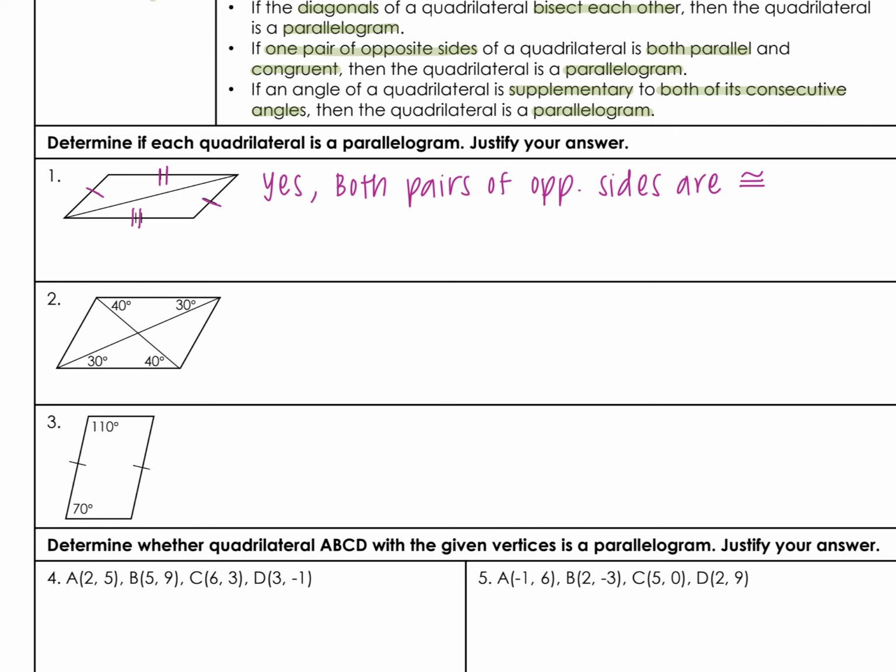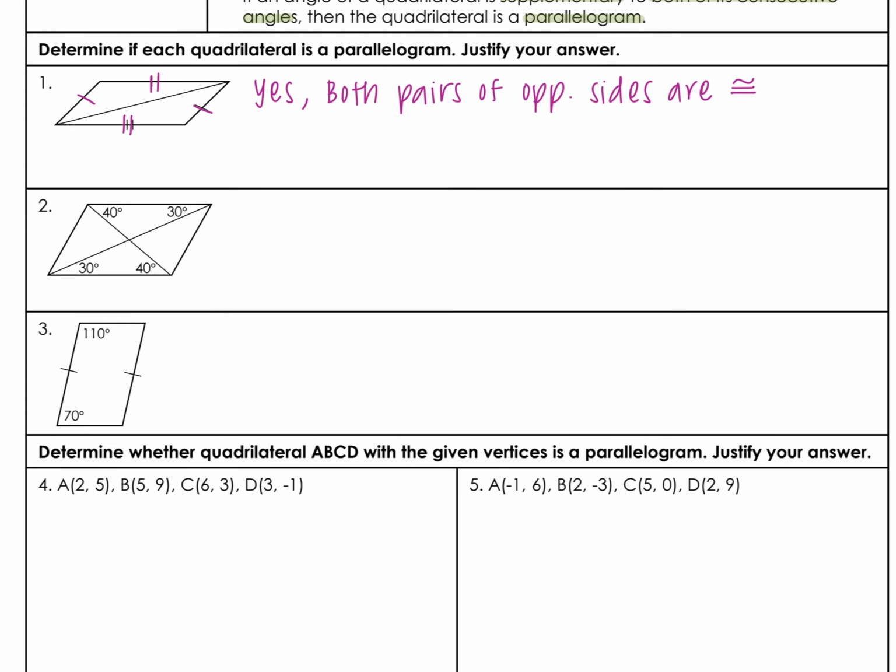Okay, and our next one, number 2, we are given these angles here are congruent as well as over here. All right, so remember when you're given congruent angles, you can use your alternate interior, alternate exterior, or corresponding angles converse theorem to prove that the lines could be parallel.